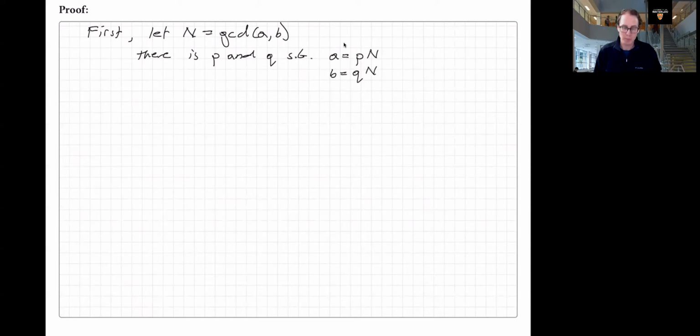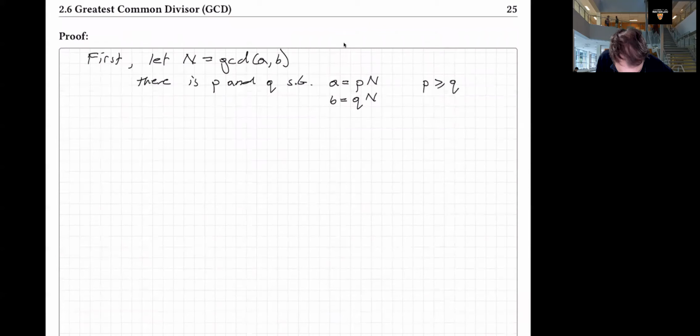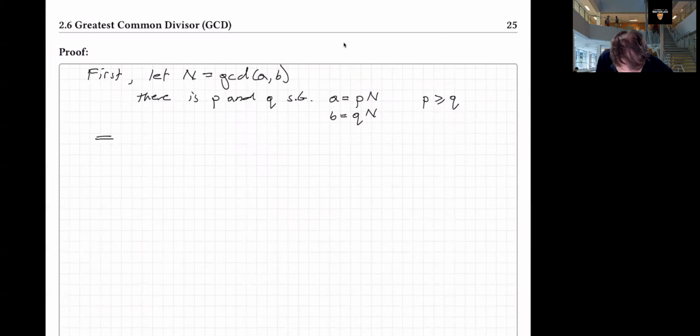Because n divides both A and B. And since A was a larger number than B, P has to be greater than or equal to Q. Now, if I just subtract these two, I see that A minus B then has to be equal to P minus Q times n, right?